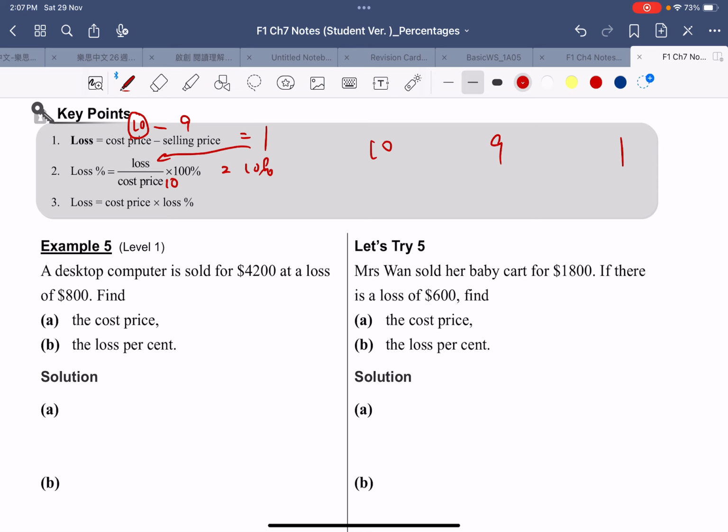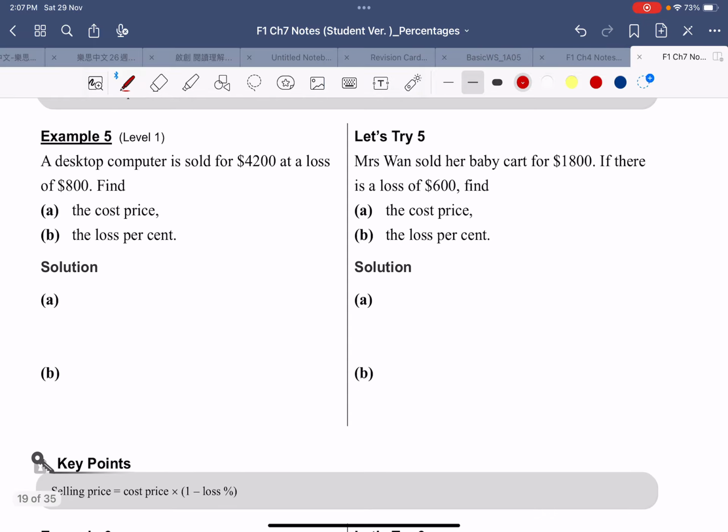You lost 10% of money in the transaction, and then the loss will be the cost times the loss percentage. You calculate 10%, so it matches with the formulas. Anyway, you need to memorize all these formulas, and then you do the example down there.